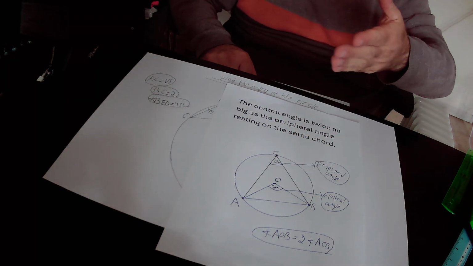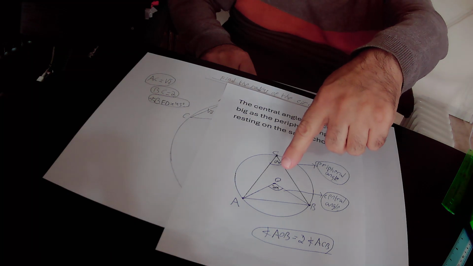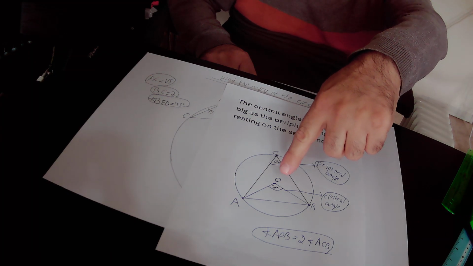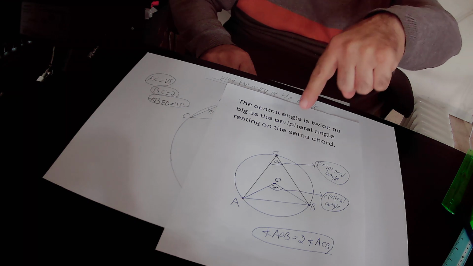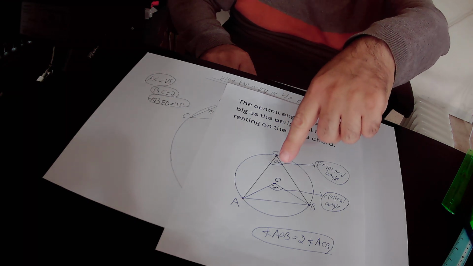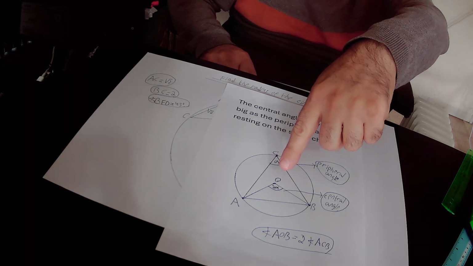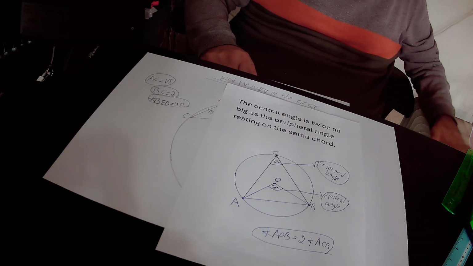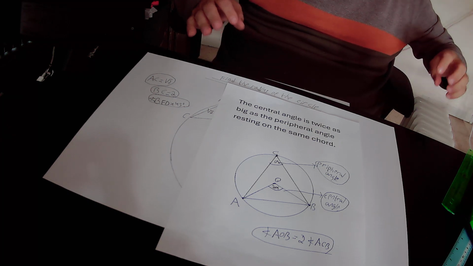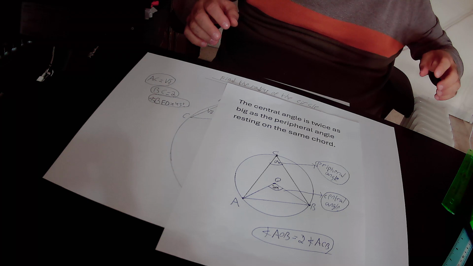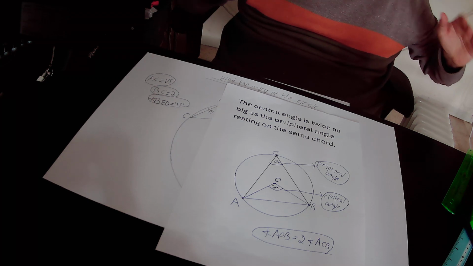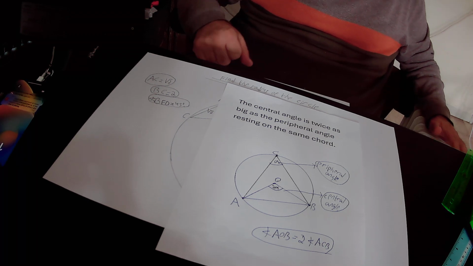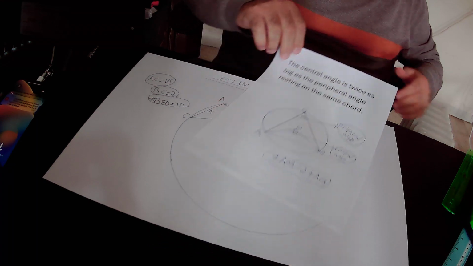Therefore, according to this rule, the central angle AOB must be equal to 2 alpha, because the peripheral angle equals alpha. So the central angle is twice as big as the peripheral angle that rests on the same chord. This is the first rule.